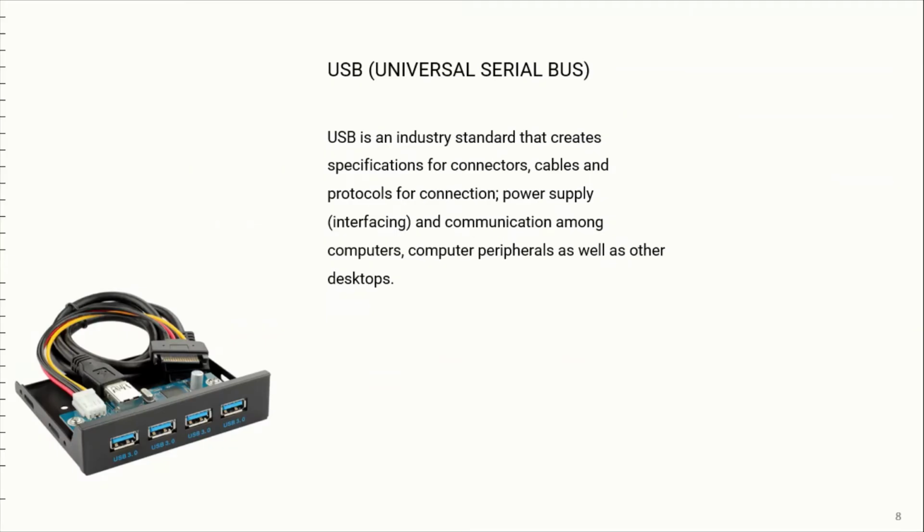USB, Universal Serial Bus. USB is an industry standard that creates specifications for connectors, cables, and protocols for connection, power supply, and communication amongst computers, computer peripherals, as well as other devices.